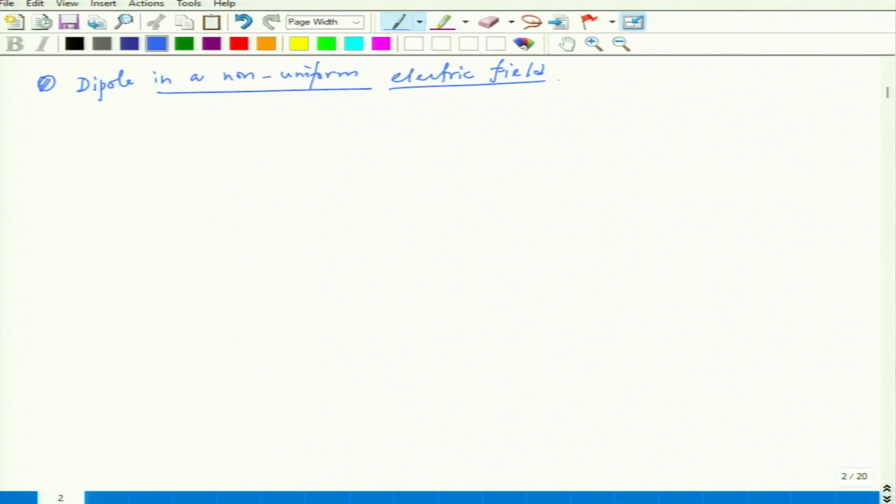But today we will see that when the dipole is placed in a non-uniform external field, the force becomes non-zero as well as the torque. So, we calculate the net force on the dipole in this case.